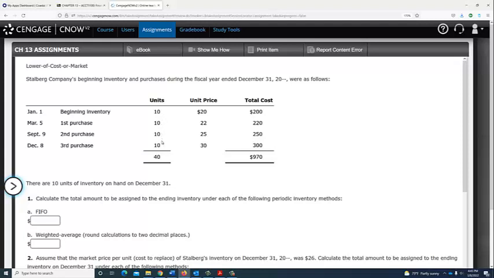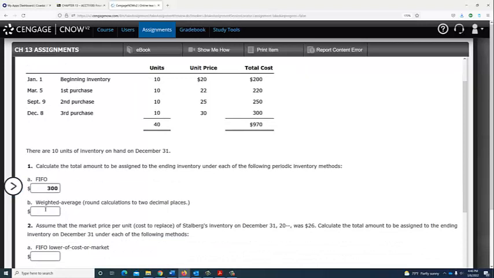And since we're working with FIFO, the first 30 are sold and the last 10 are in ending inventory. So since they're asking what is the amount assigned to ending inventory, that's going to be 10 units at $30. So that's 300.